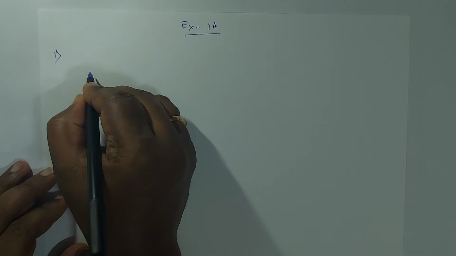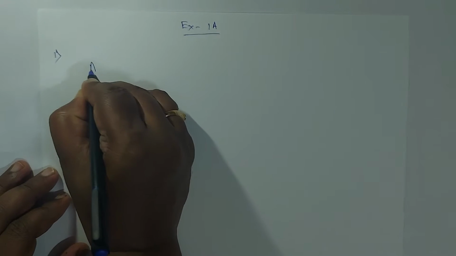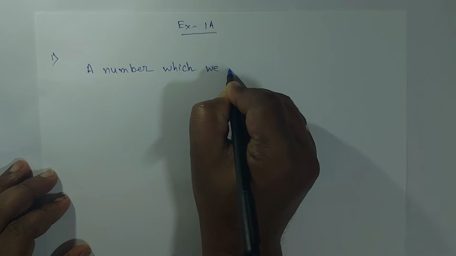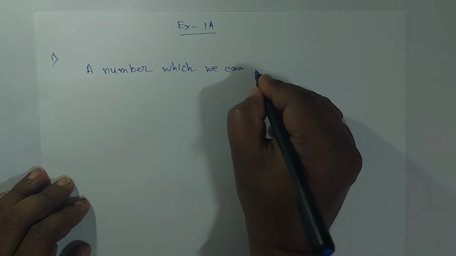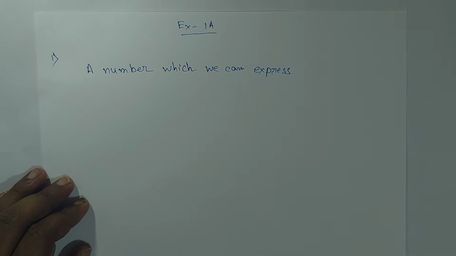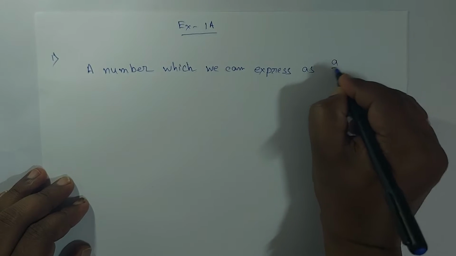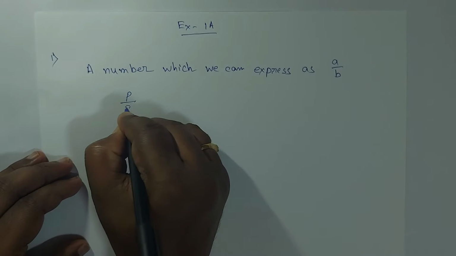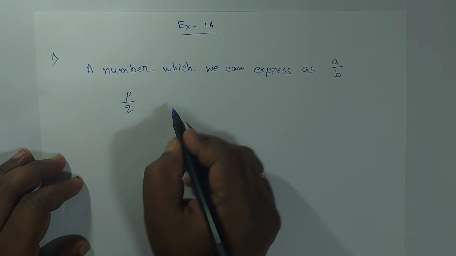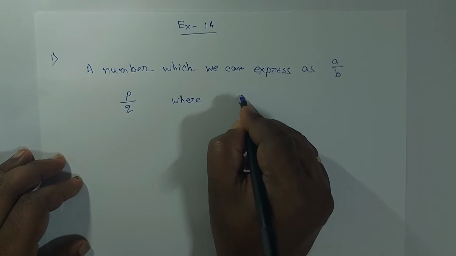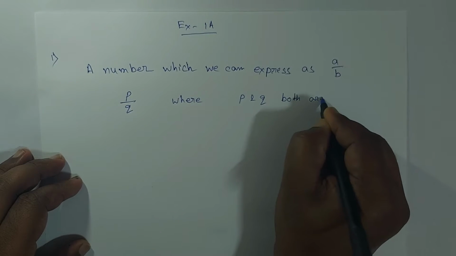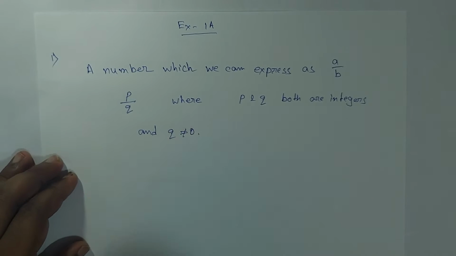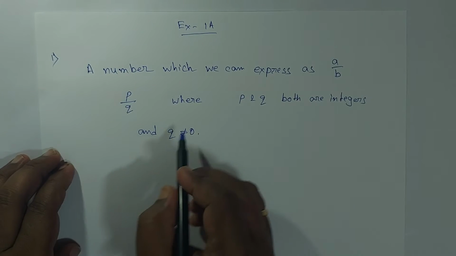Now we know that a number which we can express as a by b, or sometimes p by q, where p and q both are integers and q should not be equal to 0, then that number is known as a rational number.